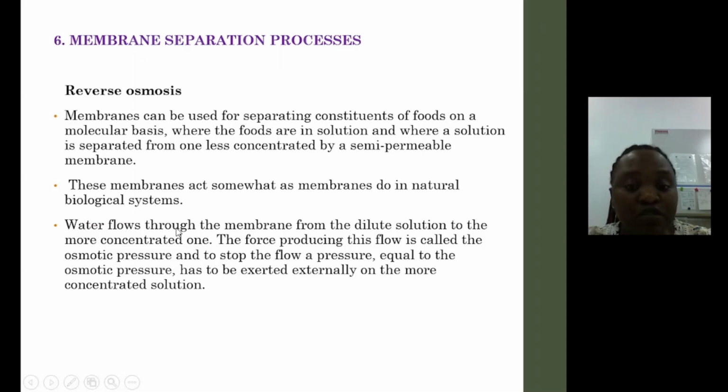Water flows through the membrane from the dilute solution to the more concentrated one. The force producing this flow is called osmotic pressure, and to stop the flow, a pressure equal to the osmotic pressure has to be exerted externally on the more concentrated solution.